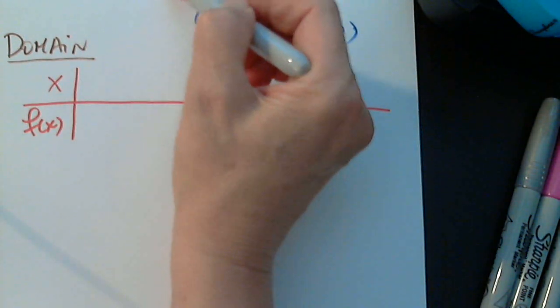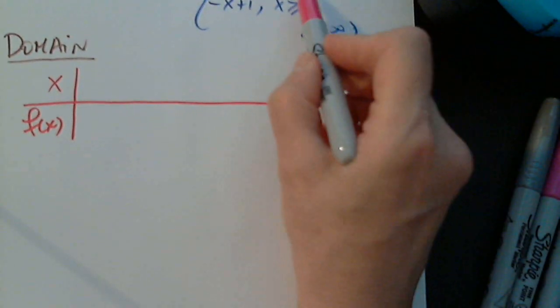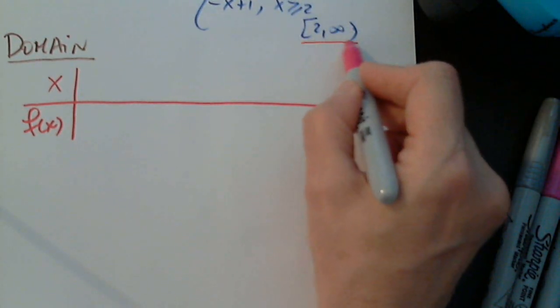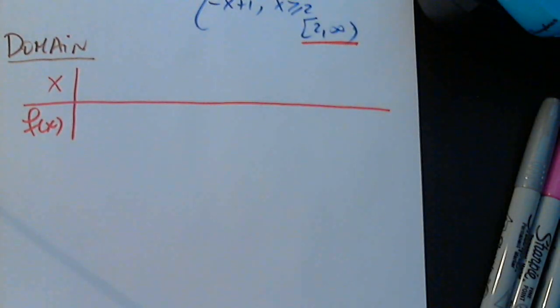Of this function, of course. You should look at this, and look at this, and say, I know the domain is, give it a shot. What do you think? The domain of this function. It's okay if you're wrong.